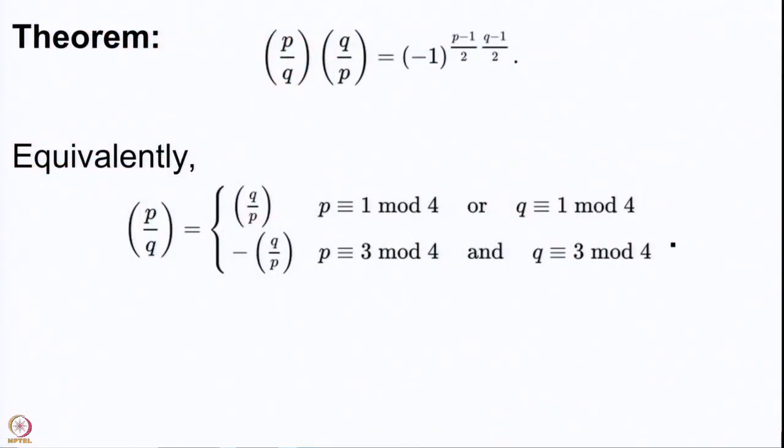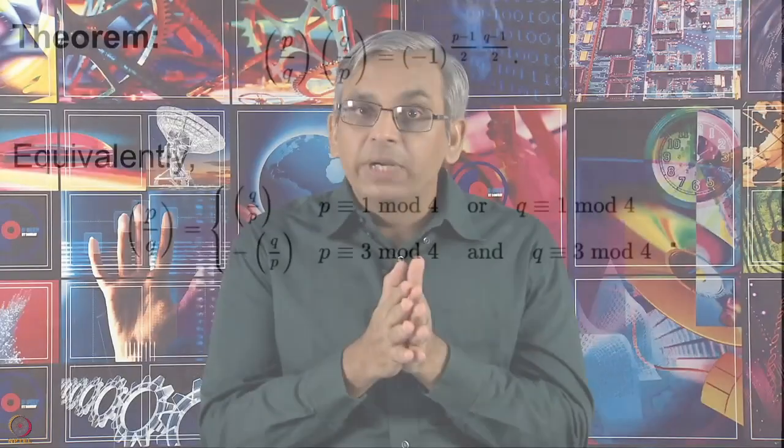Equivalently, we have that the Legendre symbol P by Q is equal to the Legendre symbol Q by P. So, you switch the places of P and Q and you get the same number if either P is congruent to 1 mod 4 or Q is congruent to 1 mod 4. Remember P is an odd prime, so when you take away the multiples of 4 from P, the only thing left will be 1 or 3.